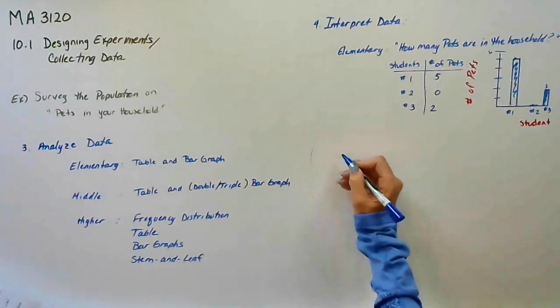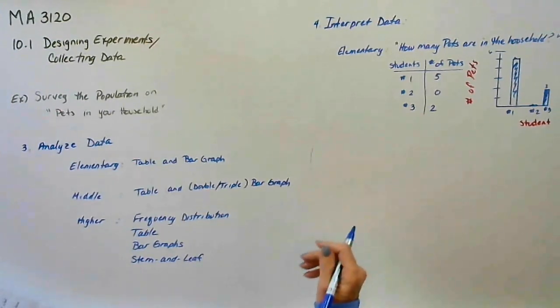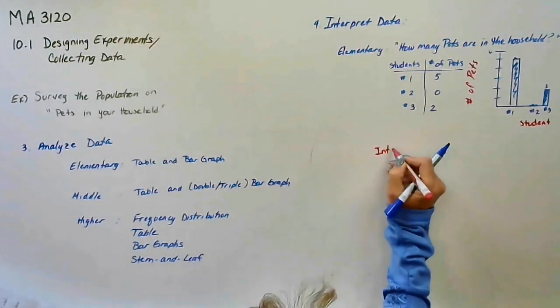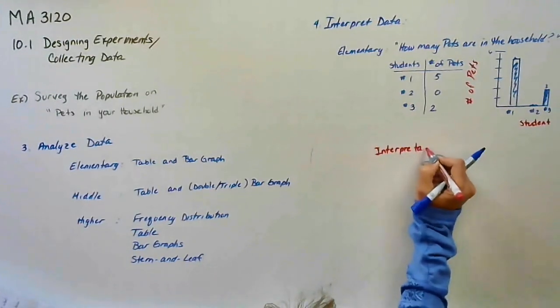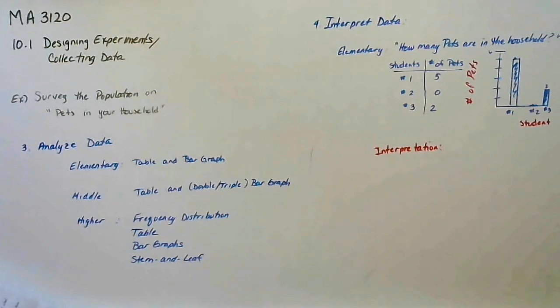Now, middle, let's interpret. Okay, so your interpretation, what would the child be learning? What would you ask your kindergartner, your first grader?